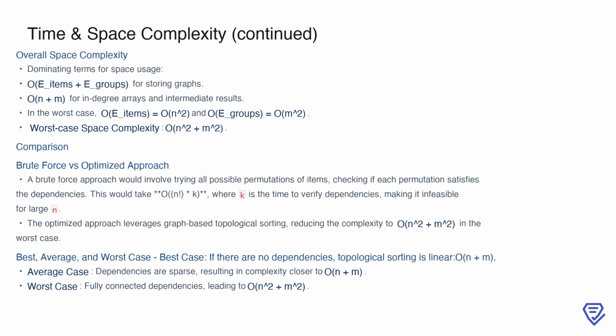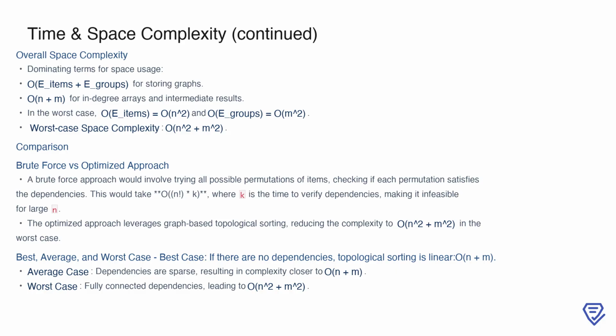Comparing this optimized approach to a brute force solution highlights the efficiency of our method. A brute force approach, which would involve trying all possible permutations of items and verifying dependencies for each, would take O(n! * k), where k is the time required to verify dependencies. This is computationally infeasible for large n.